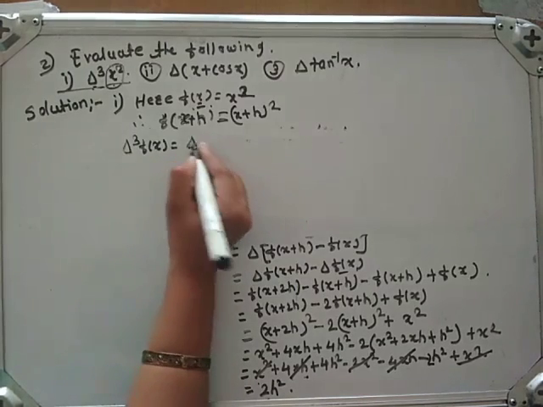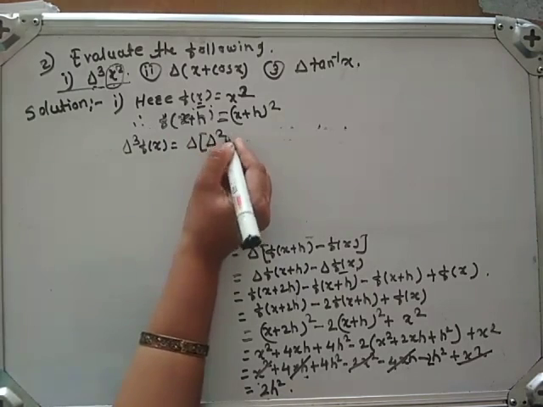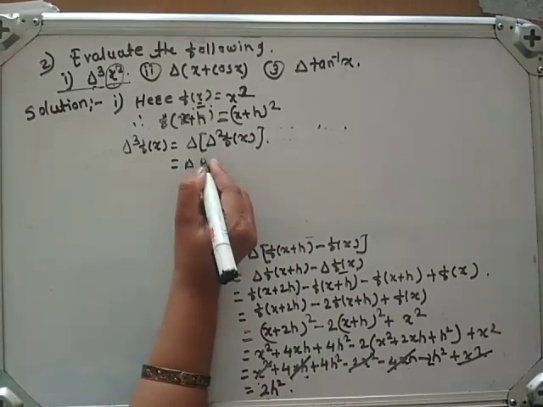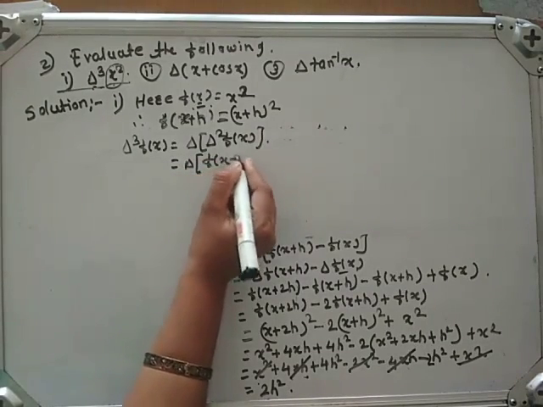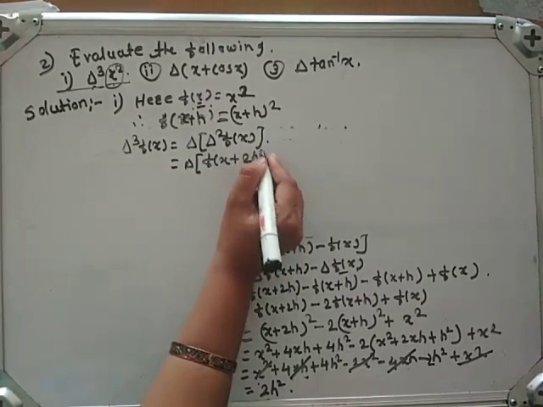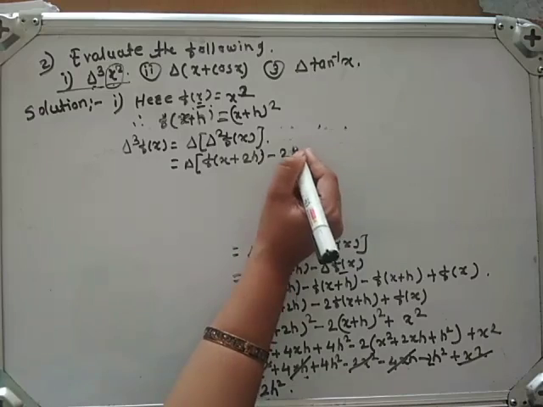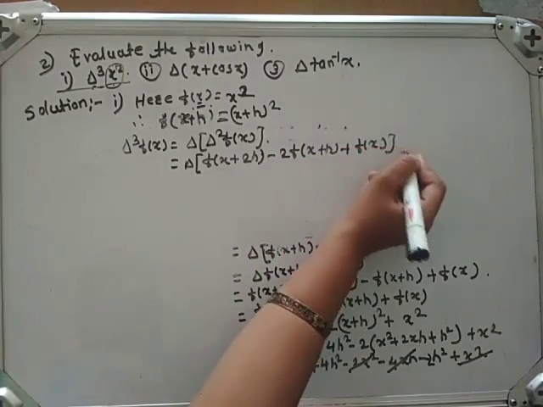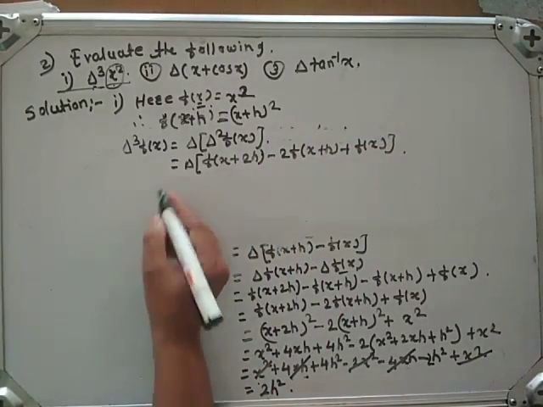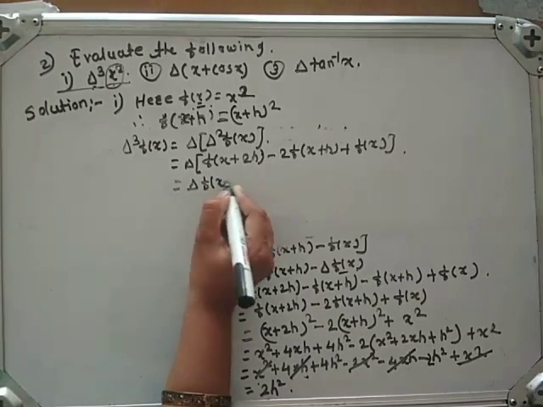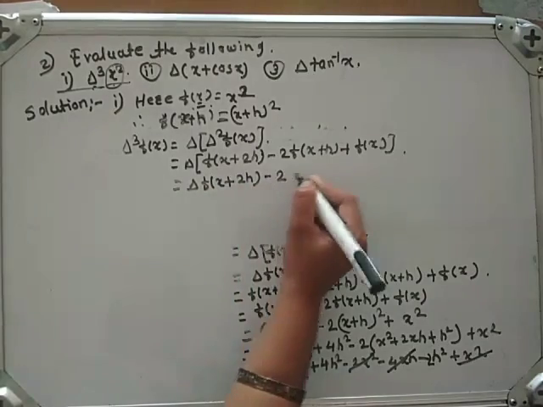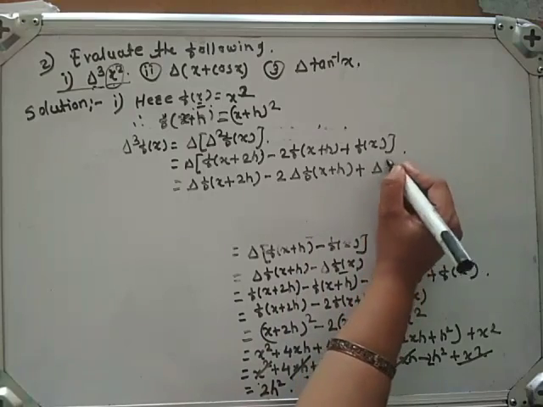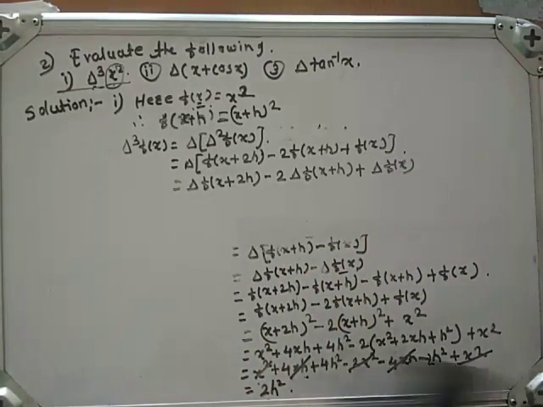This can be written as delta of delta square of f of x, which is equal to delta of f of x plus 2h minus 2 f of x plus h plus f of x, which is equal to delta of f of x plus 2h minus 2 into delta of f of x plus h plus delta of f of x.